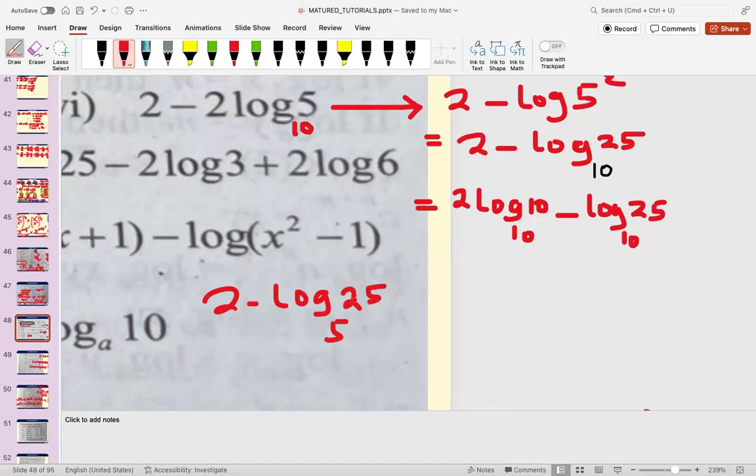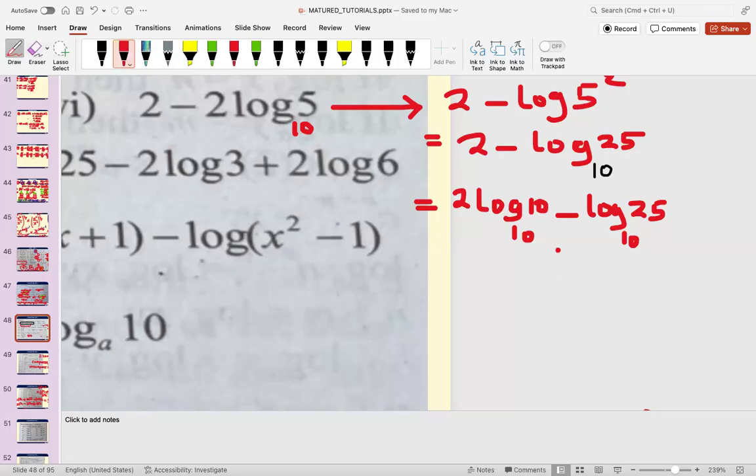Yes. Then you break this one to 5 squared, isn't it? Yeah, that can also work. That can also give you the results. But that's not the case we are having here. The case here is simple, but this one is not simple because here is 10, here is 25. That is why we need to go through all we are going through currently. So that is also a good contribution.